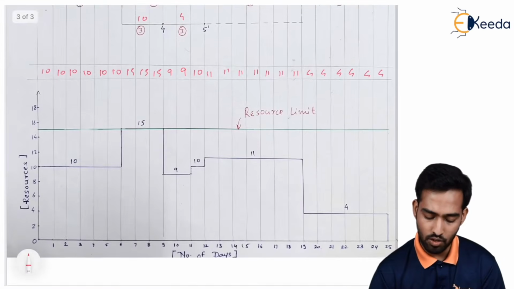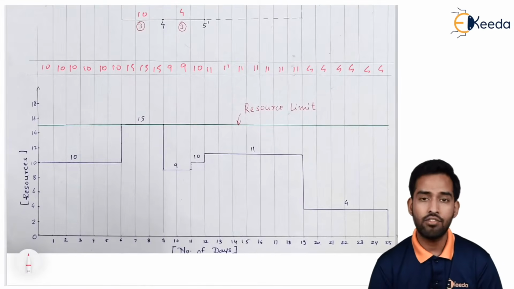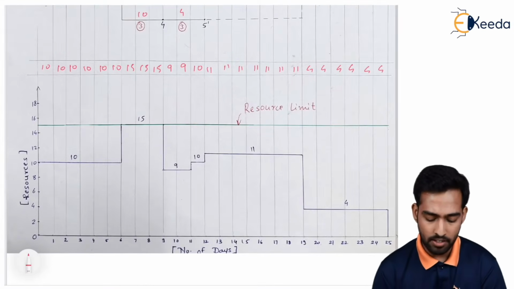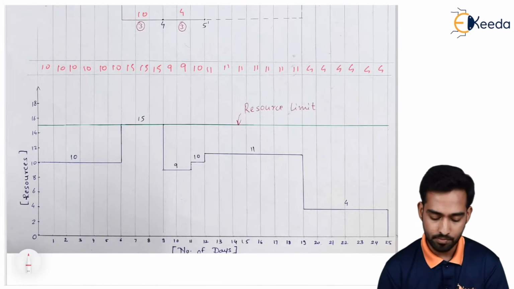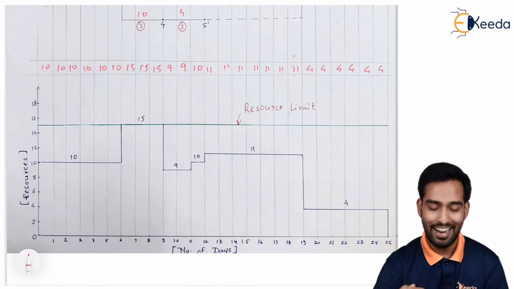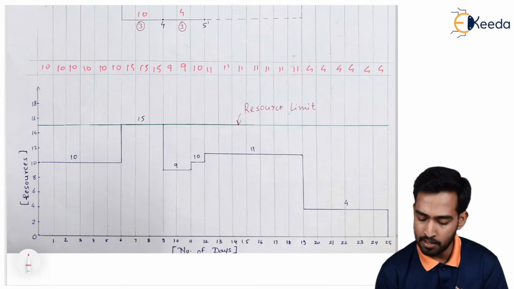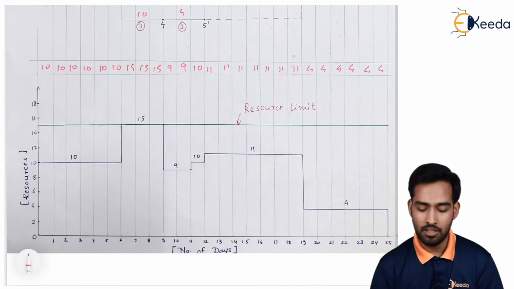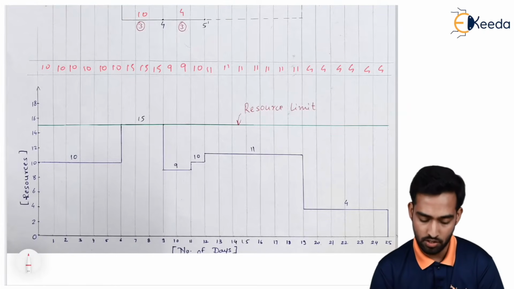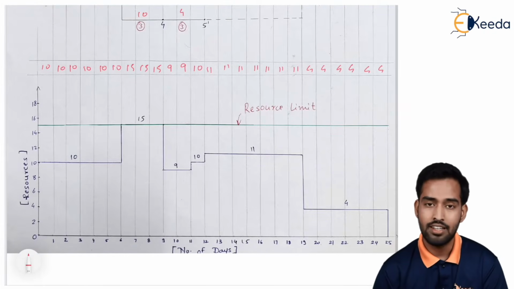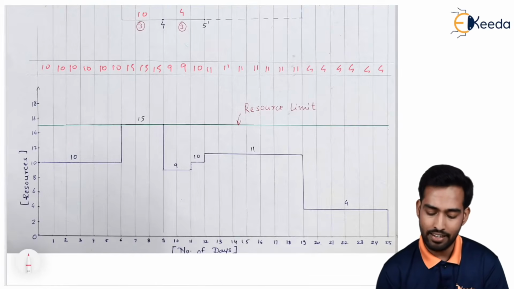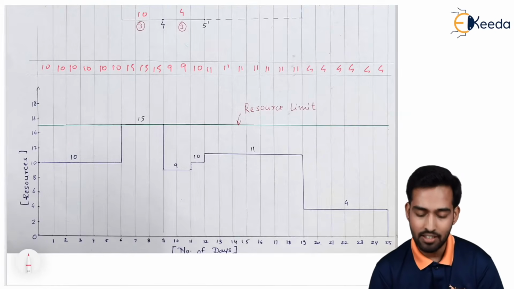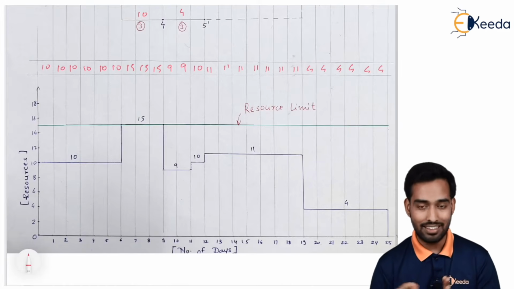So, as you can see over here in the bar chart format, we have the number of days from 0 to the 25th day and resources from 0 to 18. And this green line represents the resource limit, that is 15 machines. For the first 6 days we require only 10 machines. For day 7, 8 and 9 we require only 15, as we have delayed the one activity.